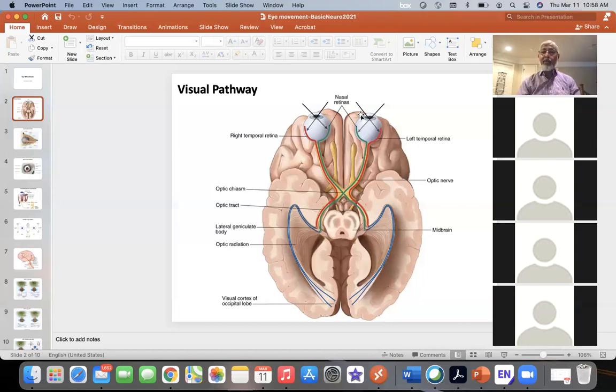So how does that happen? Do you know that? Also, do you know what it's called? It's called consensual light reflex. It's not direct, because I didn't even shine light on this one. This eye is closed, I shine light on this one. So this pupil will constrict.